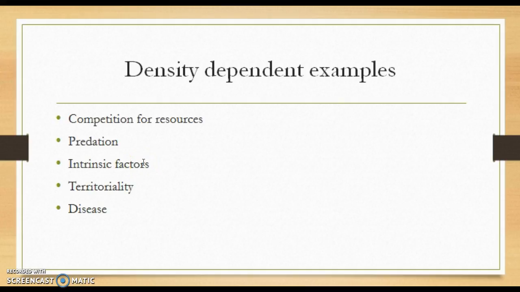So they kind of self-control, like a built-in mechanism that just works, and that's an intrinsic factor. Territoriality. Once again, if the population is large, you have to be a little bit more pushy for your space. And then disease. When populations are large, it's easier for disease to spread from one person to the next. Picture a person sneezing right next to you versus 10 feet away from you.